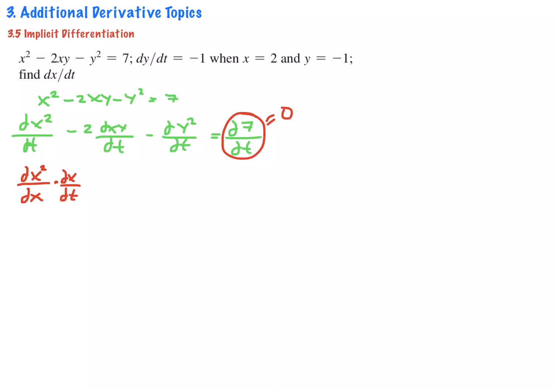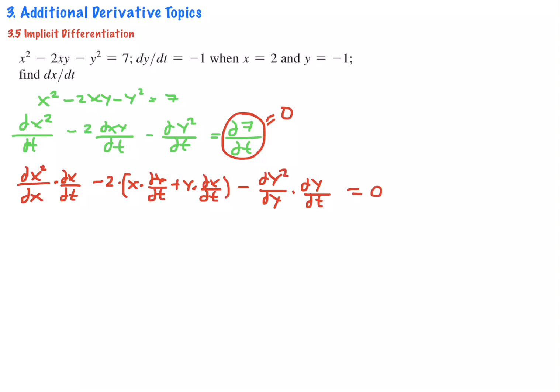Minus 2 times, again, d(xy) over dt. This is a product of functions, so it will be x times dy over dt plus y times dx over dt. Subtract d(y squared) over dy times dy over dt equals 0.